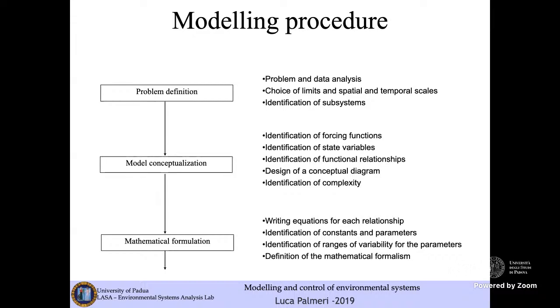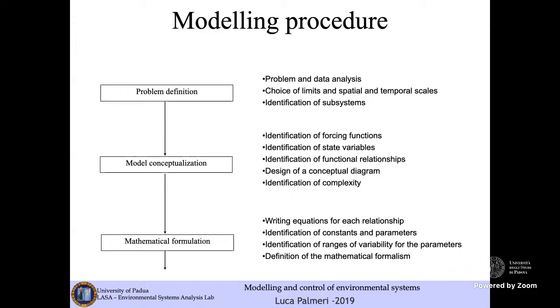Or, for example, if the problem is building structures for flood control, how much data I have on, for example, precipitation, or how much data I have on land cover, and so on, or how much data I have concerning groundwater.